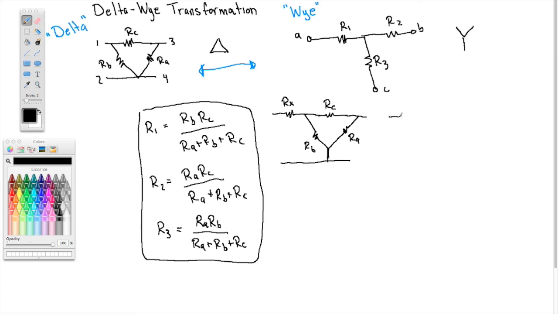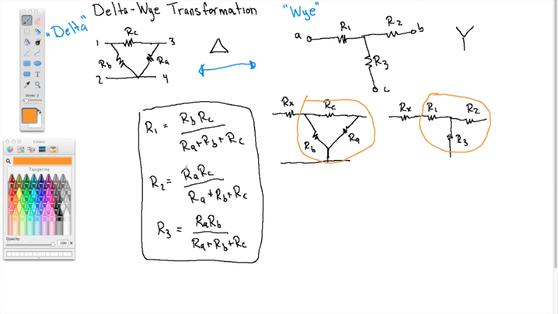If you transform this into a Y, then you would have this picture. Right? And now what do you notice about Rx and R1? Rx and R1 now are in series. So now you can combine R1 with Rx into one resistor, and then you can transform it back to delta if you want, thereby eliminating one of the resistors. So you've simplified the picture. So that's if you had a delta picture and you wanted a Y picture, here are your equations for those guys.